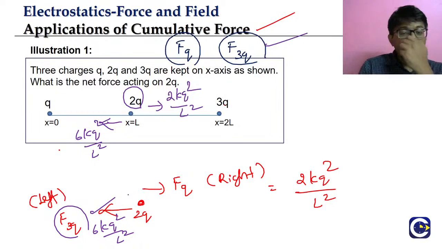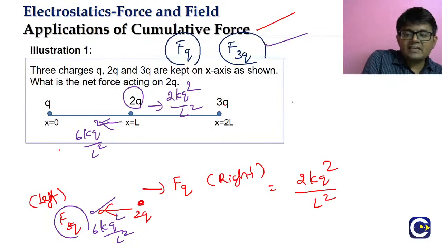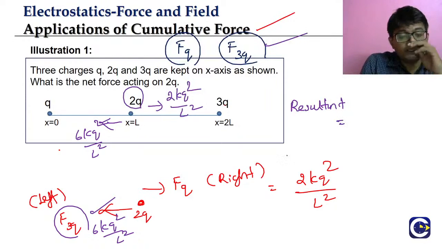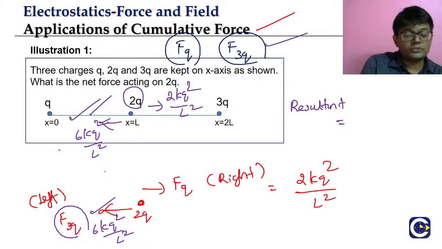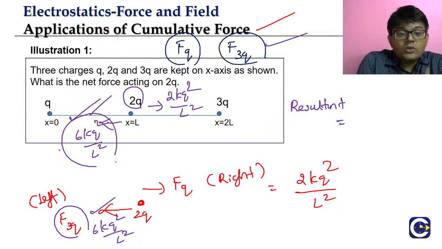If there are two vectors in the opposite direction, what should we do to find the resultant? Between the two vectors, one will have a higher value. Which of them has the higher magnitude? 6kq square by L square.